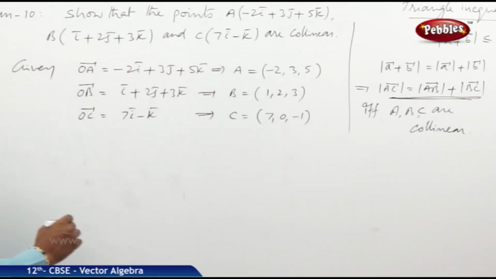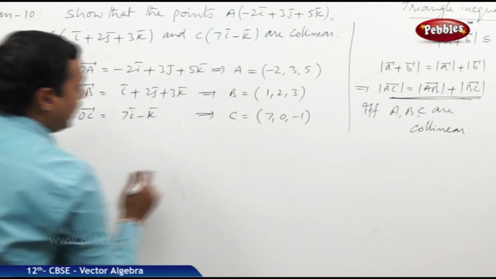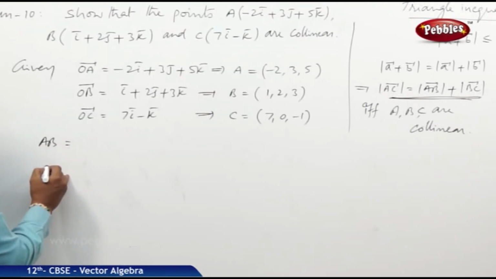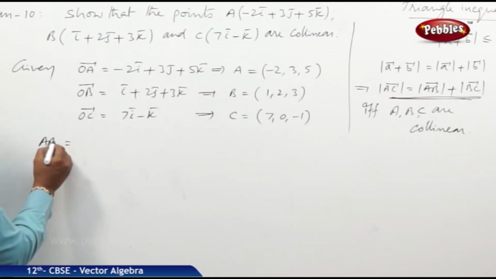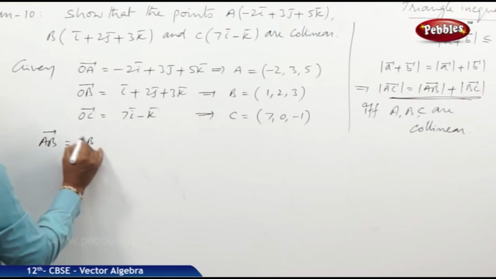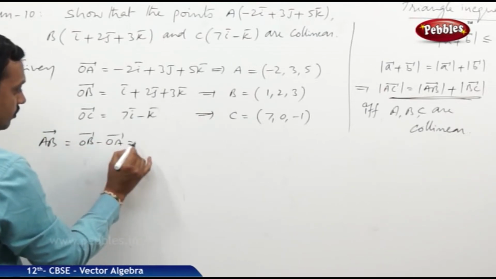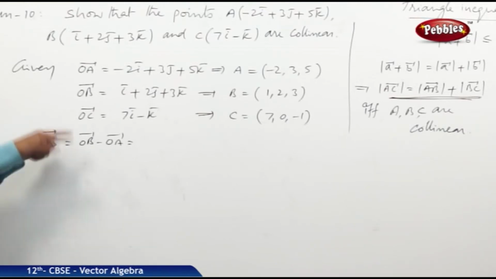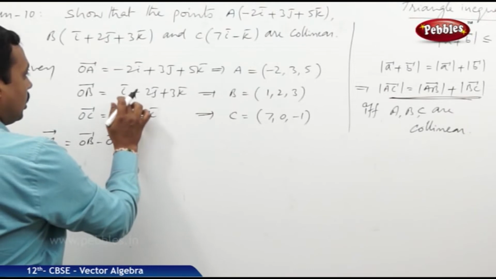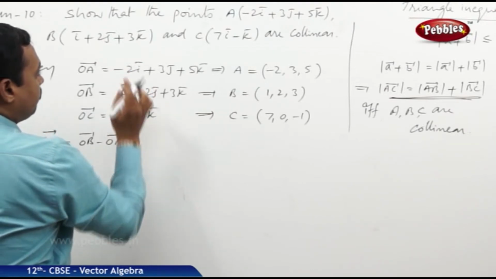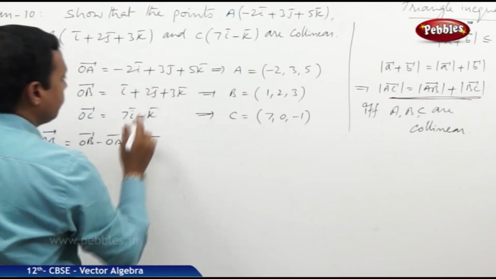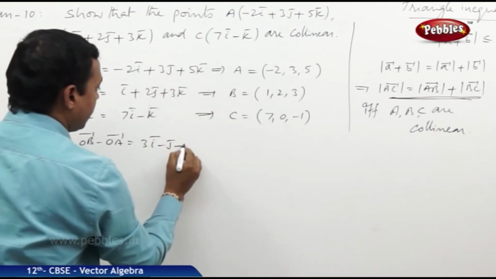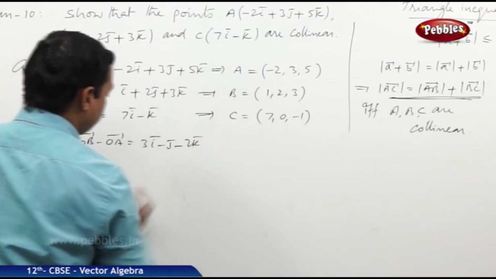Now, let us find the vectors AB, BC and AC. AB vector is equal to OB minus OA, which is i minus of minus 2i, that is 3i, 2j minus 3j, that is minus j, 3k minus 5k, that is minus 2k.